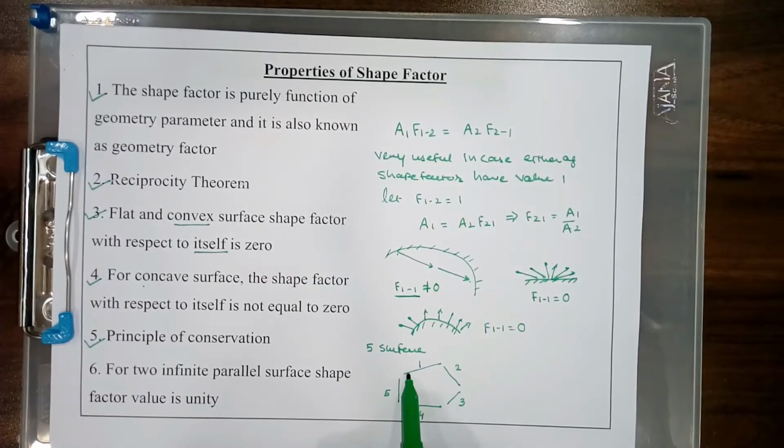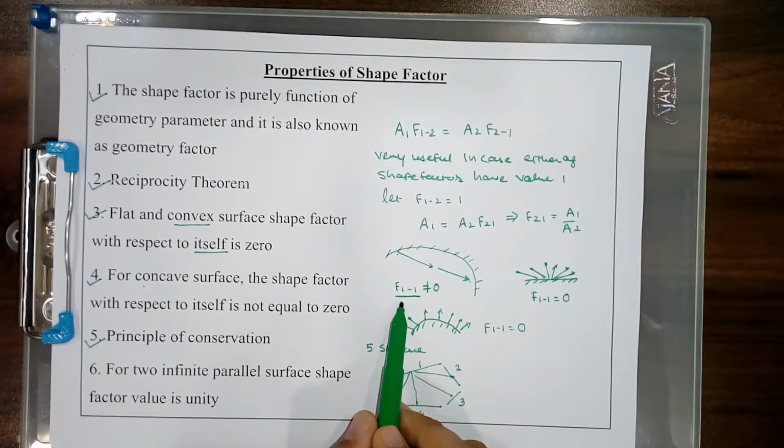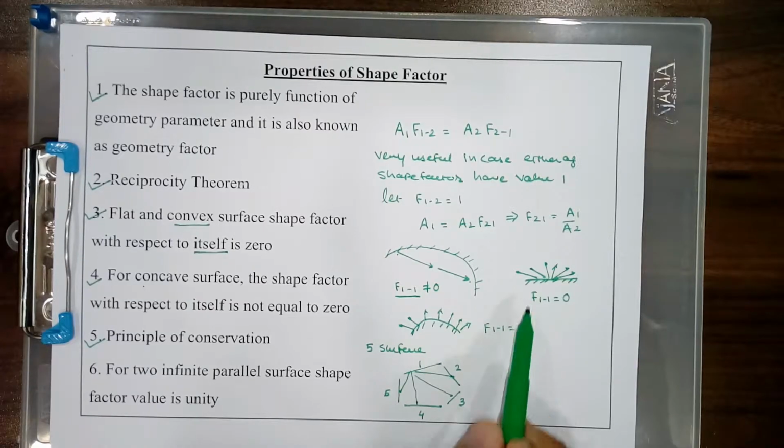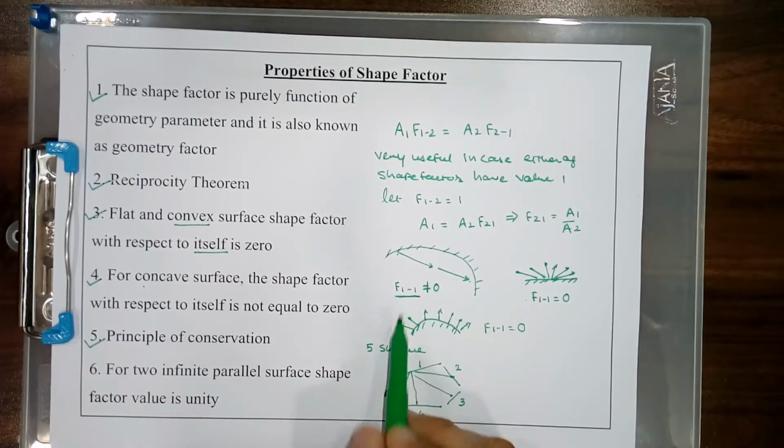Energy leaving from the surface goes to the fifth one, fourth, 3 and 2. Here I am taking a flat surface, and that's why the shape factor with itself becomes 0 as per this figure. In other cases this does not equal 0.